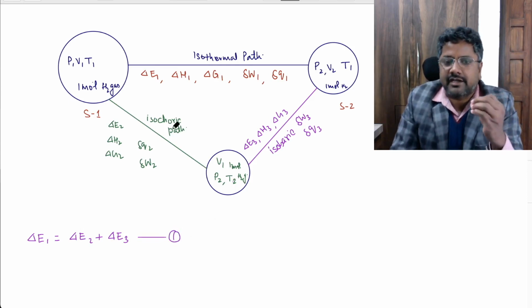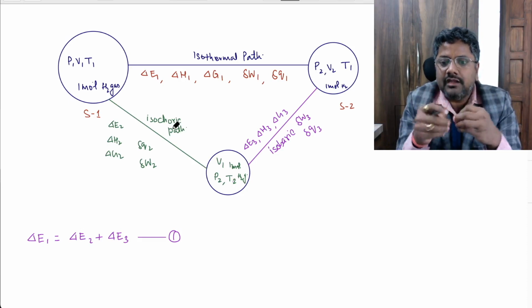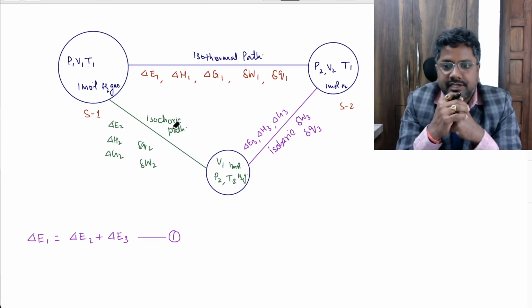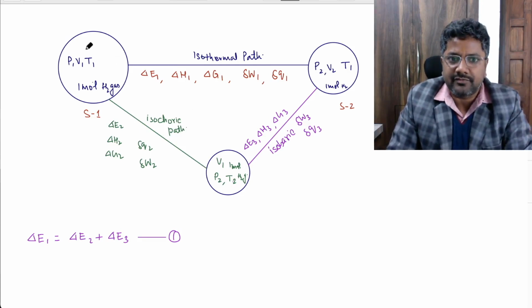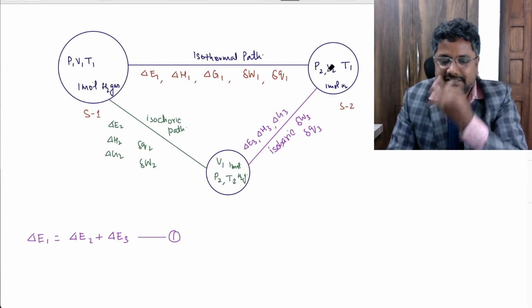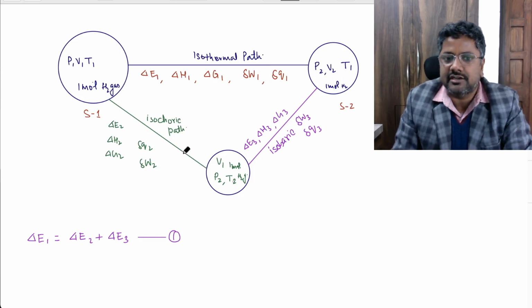So if you are carrying out any transformation, any change in a thermodynamic system, in one step or in more than one step, state functions are the same. Whether you are moving from this state to this state directly in one step or indirectly in two steps, the change in the internal energy is always equal, because it depends on the state, not on the path.